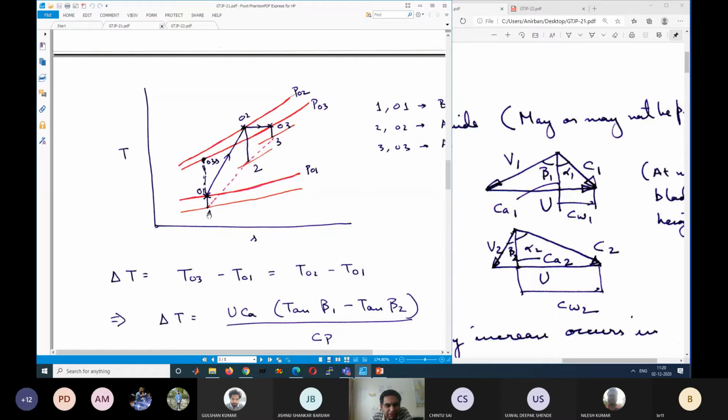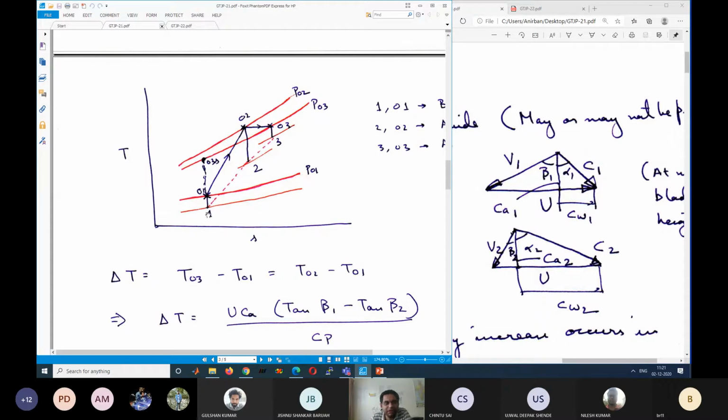If we write the static condition at point 1 at pressure P1, so the static temperature is T1. Then the stagnation temperature is T01. Remember always that temperature and enthalpy are related by delta H equal to Cp into delta T. So the stagnation temperature is T01 and the stagnation pressure is P01.